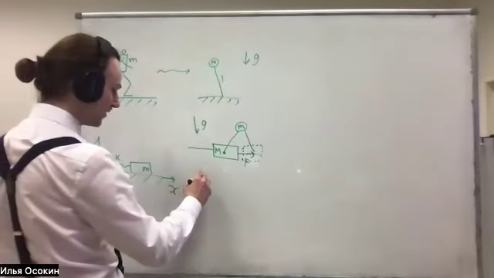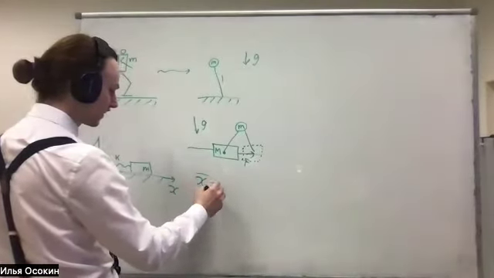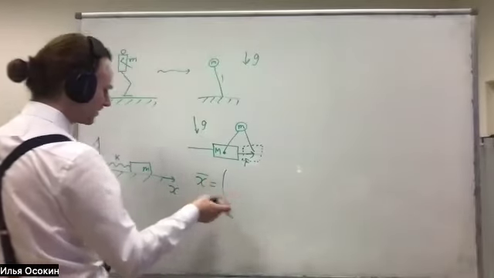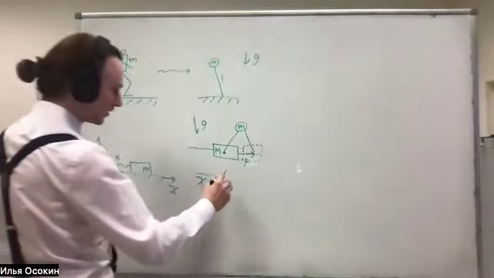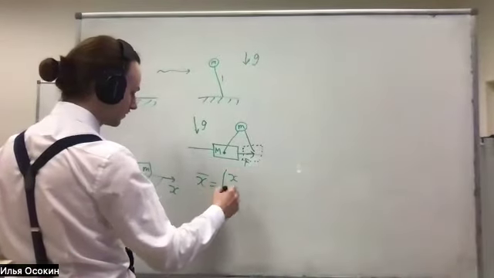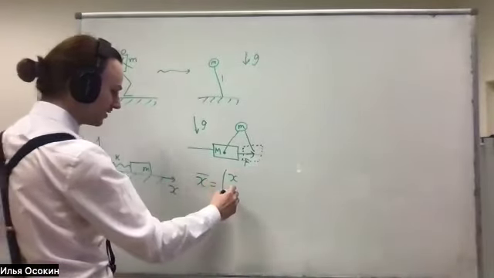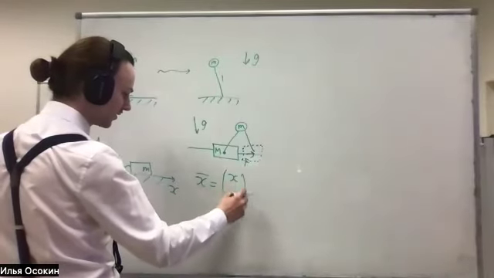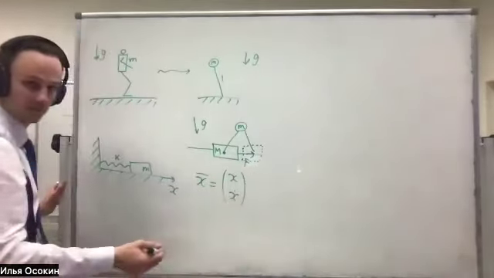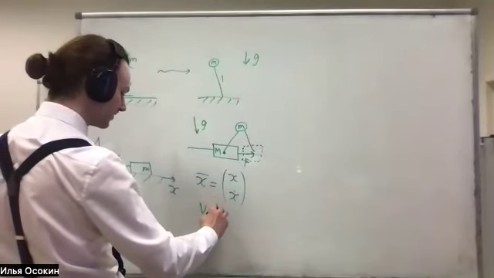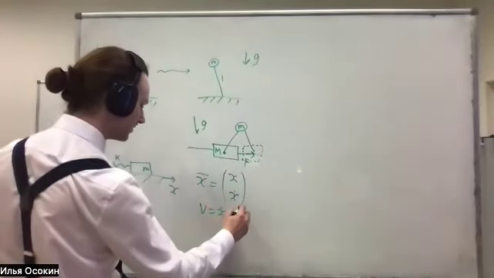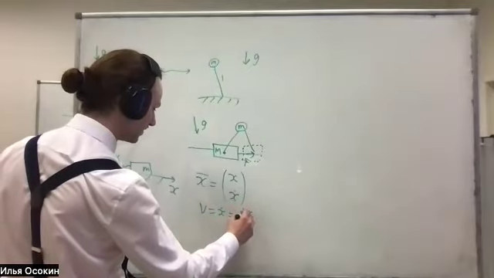Well, our state vector x describes the state of the system, basically. It will consist of x, the coordinate, not the vector, and x dot, which is the time derivative, so the velocity. Yes, exactly. It's v, the same thing as the time derivative, dx by dt.